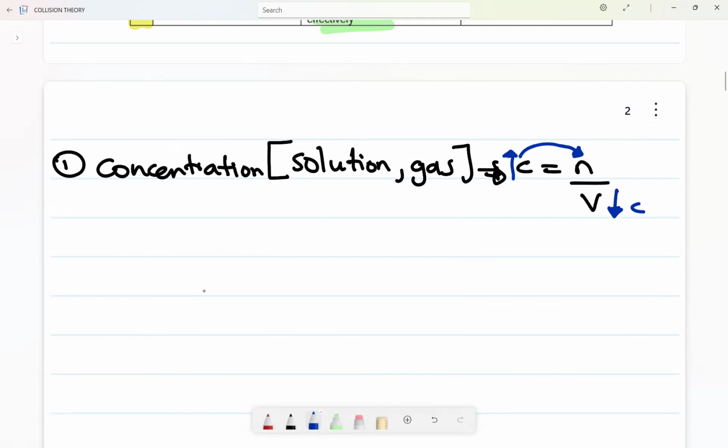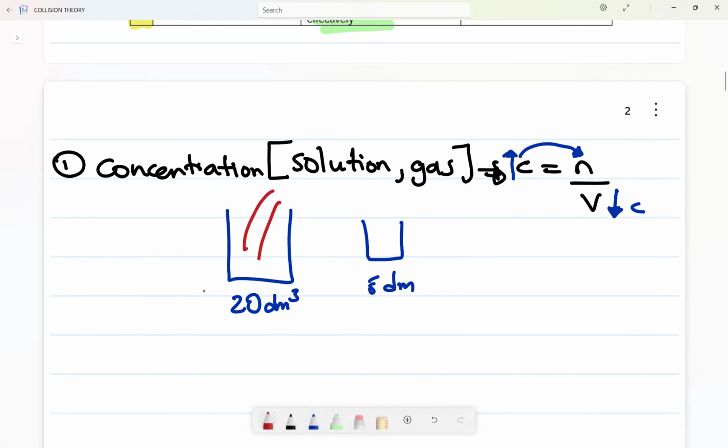Let me do a practical example for this one. If I'm having a volume of 20 decimeter cubed and a volume of 5 decimeter cubed, and I pour the same amount of Oros, I can say a concentration of 2 moles per decimeter cubed, the same in both.